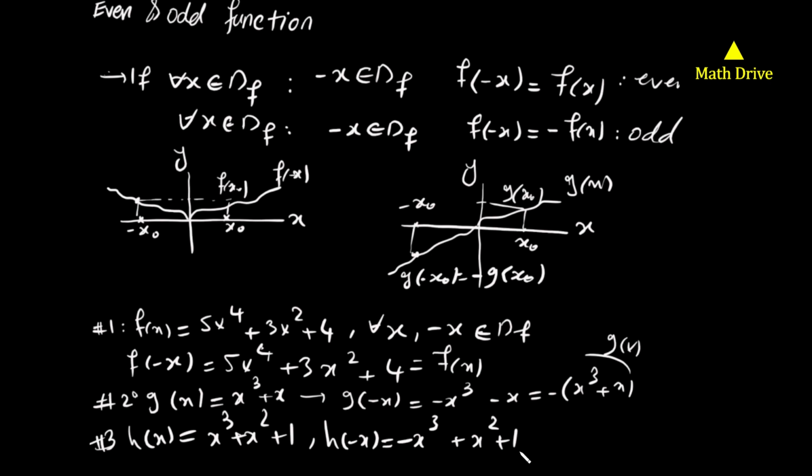We can clearly see this is neither equal to h of x nor minus h of x. So this function h is neither even nor odd. This is just a function.